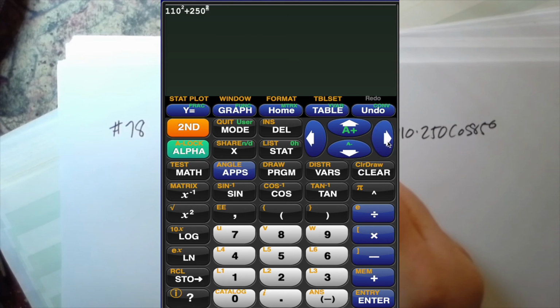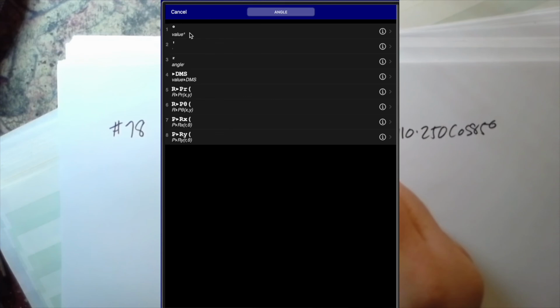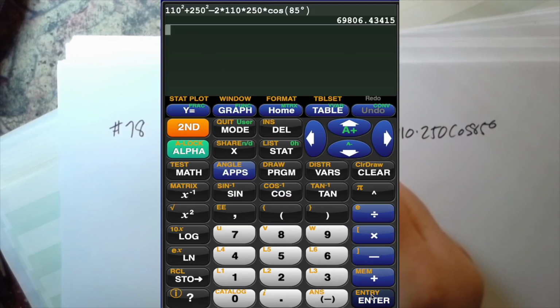Plus 110 squared plus 250 squared, minus 2 times 110 times 250 times the cosine of 85 degrees. Take the square root of that. And we get 264. Let's just call it 264 just for rounding reasons.